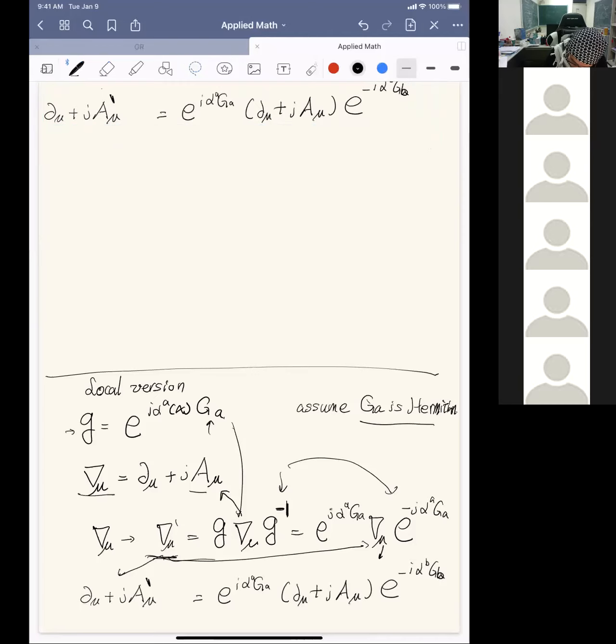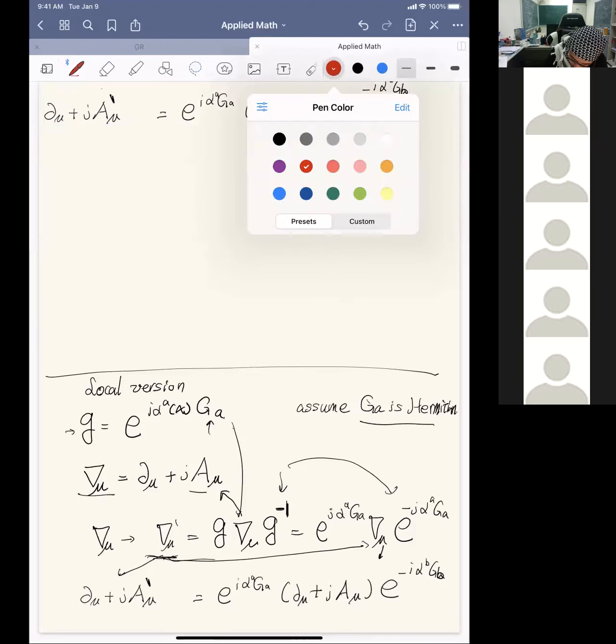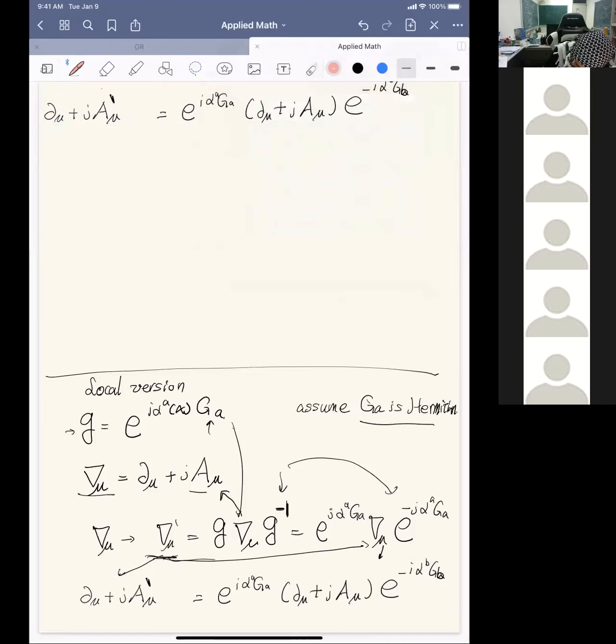So let's write this out. On the right-hand side, let me use a nicer color. I haven't used pink before, so let me use pink. Here this is exponential i alpha^A G_A, partial mu, exponential minus i alpha^B G_B, plus exponential i alpha^A G_A, i A_mu, exponential minus i alpha^B G_B.